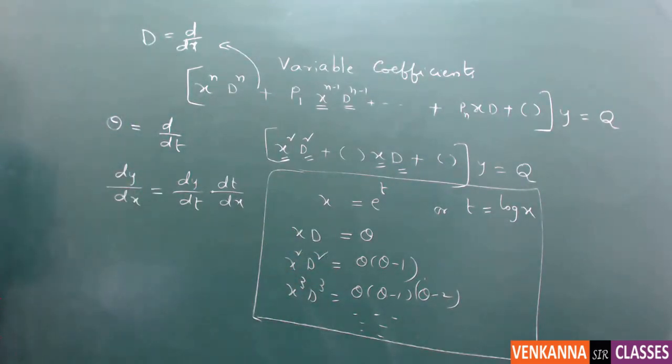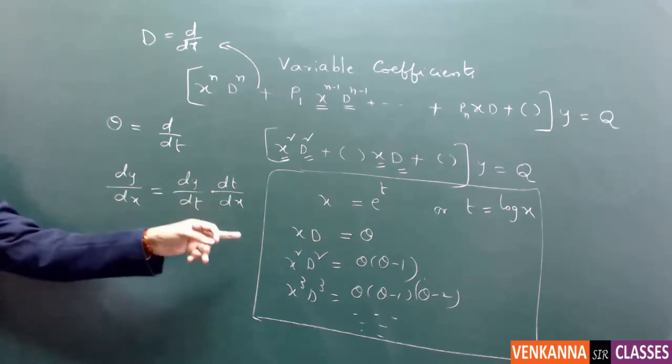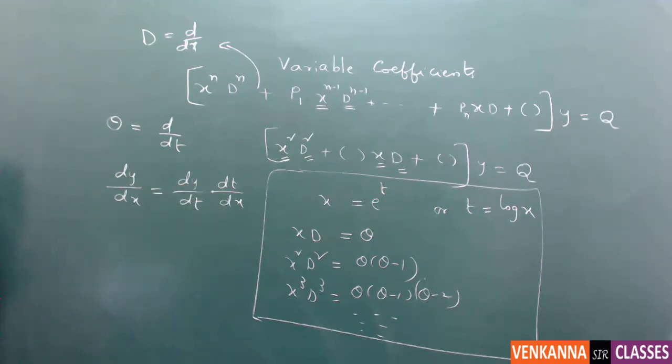Substitute x equal to e power t, or t is equal to log x, then xd is equal to theta, x square d square equals theta into theta minus 1, and so on, where theta is nothing but d by dt. Apart from theta, you can use another symbol also. That's up to your choice. Okay? Are you getting the idea?